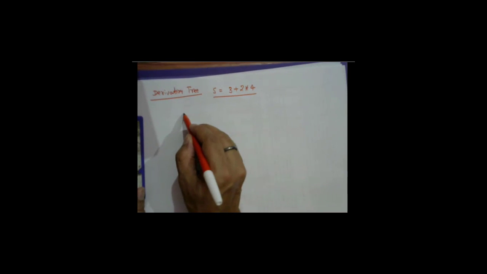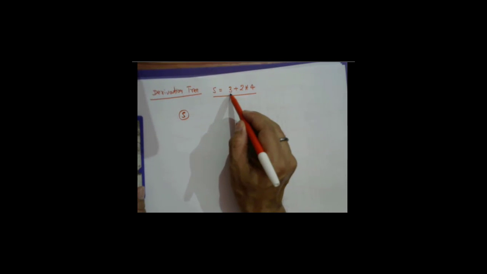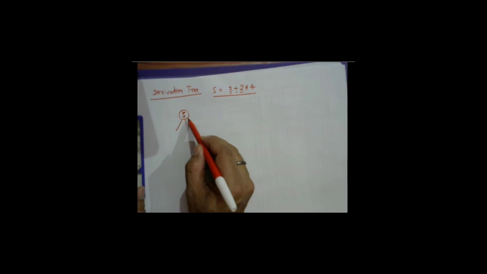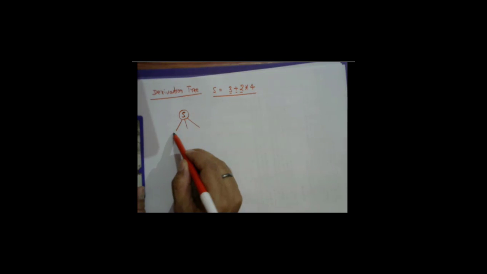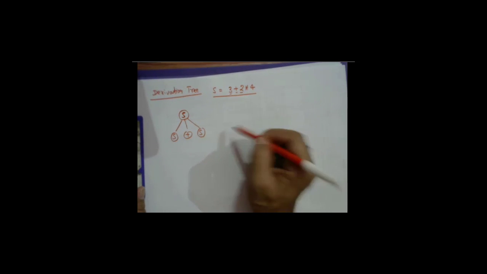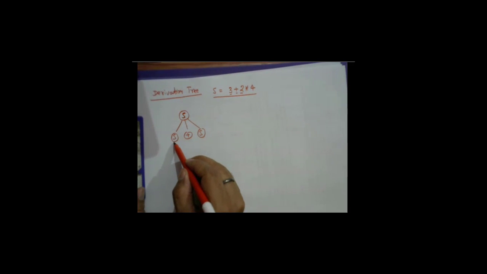We start from the root node S. From the root node we derive S plus S with the first rule. Then from S you can derive S tends to id, and from id you can derive 3. There is a leaf node.